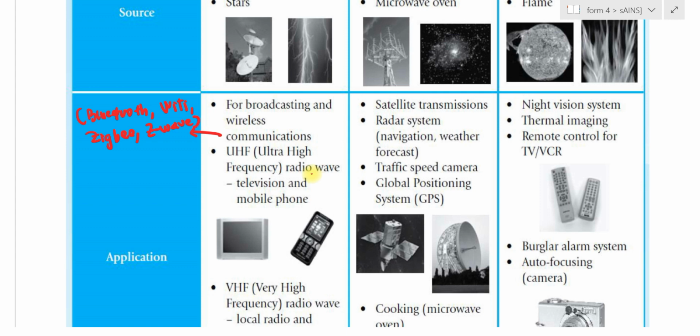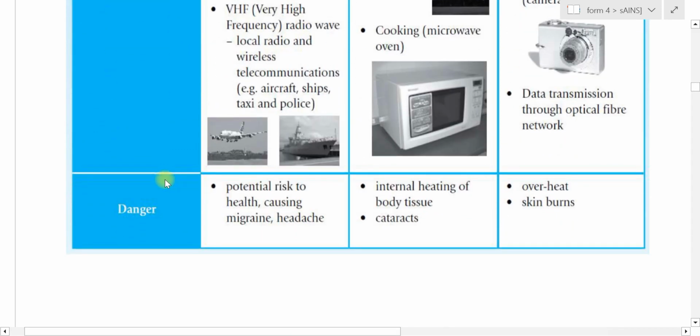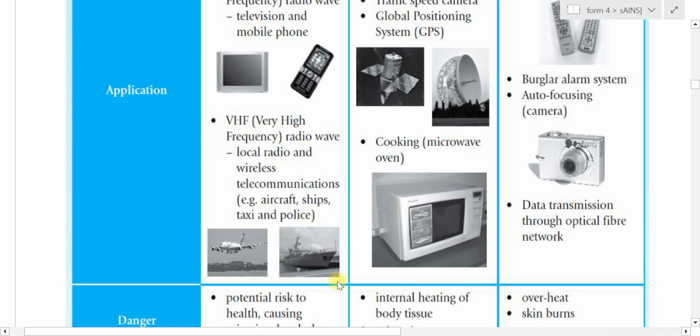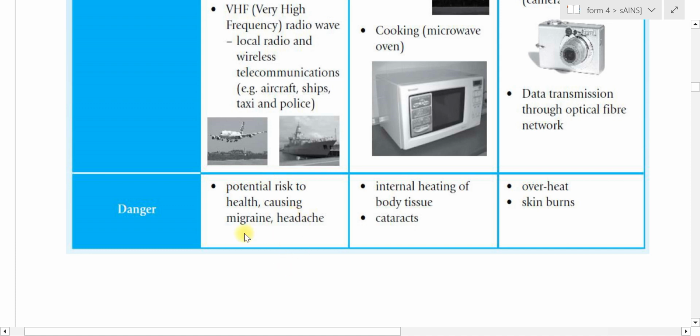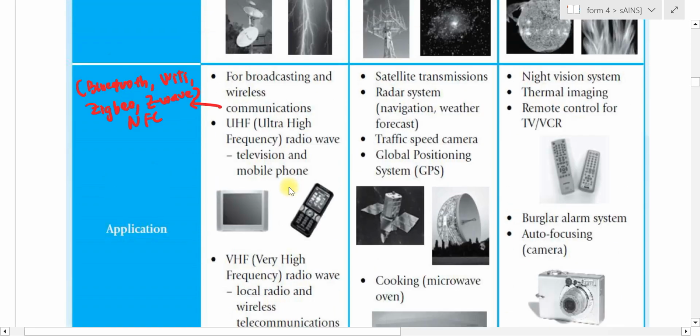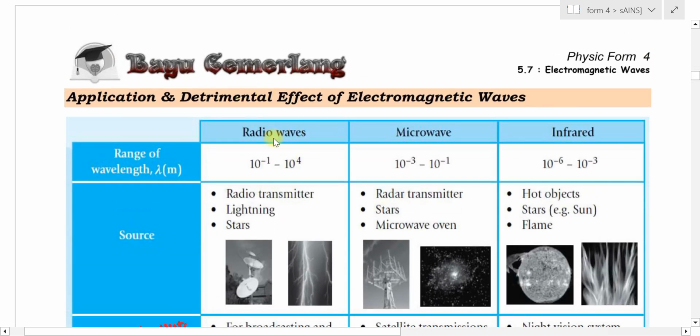Sekarang lagi ada apa ni, NFC. Yang tu semua wireless lah tu. Ini yang biasa kita guna untuk radio wave. Dan danger dia adalah potential risk to health, causing migraine, headache. Kalau kita terlalu banyak guna handphone, kadang-kadang kita sakit kepala kan. Yang tu semua overexposure of radio wave.